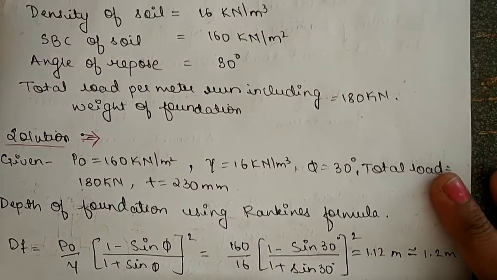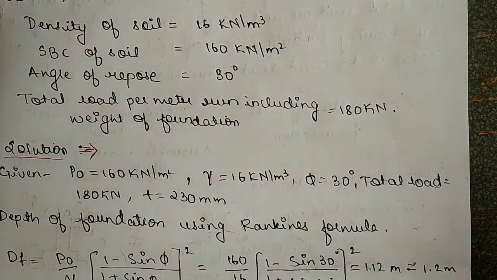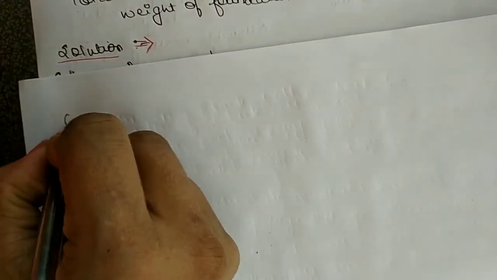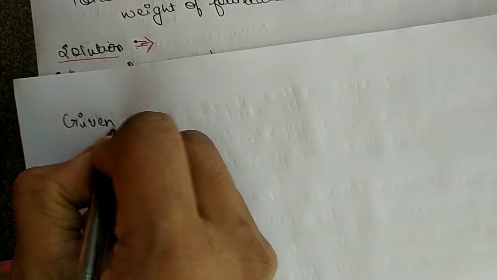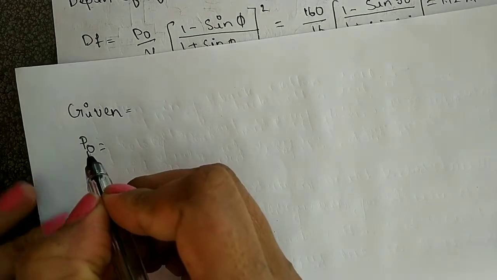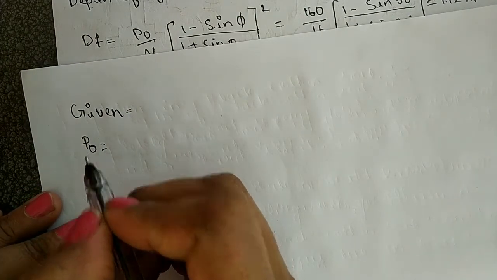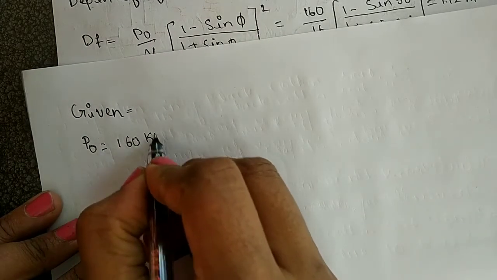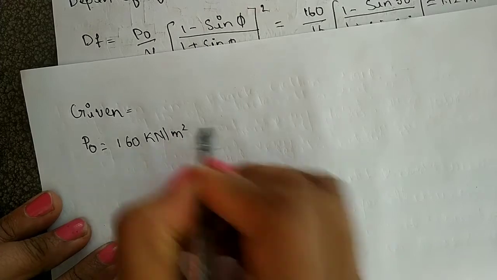First write down the given things. The SBC of the soil is called P0, which is 160 kilonewton per meter square.